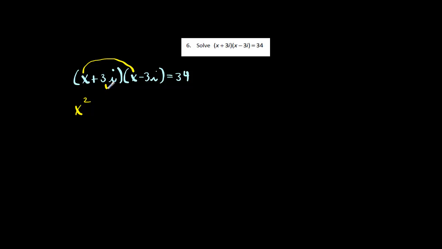That means we only have to do F and L in FOIL. So a positive 3i times a negative 3i is going to be a negative 9i squared. Remember that i squared is negative 1. So x squared minus 9 times a negative 1 is a positive 9.